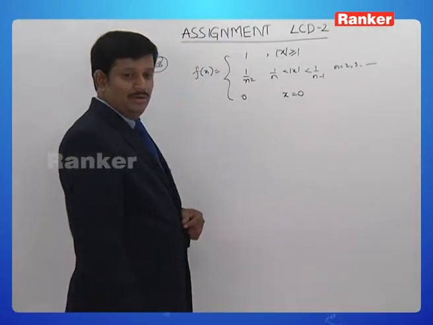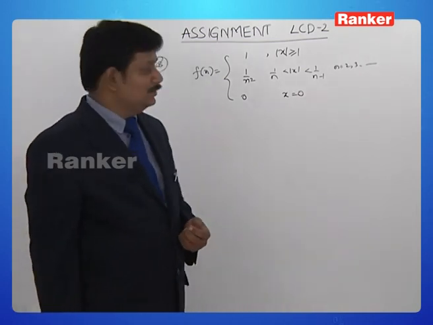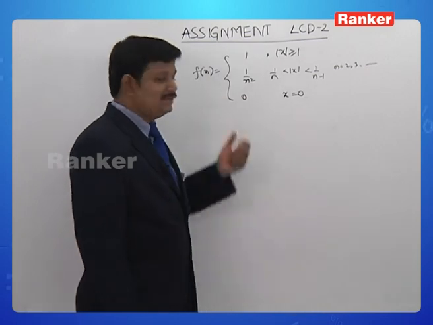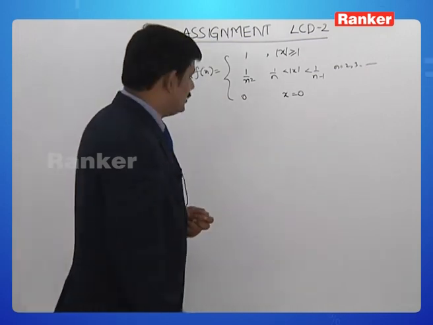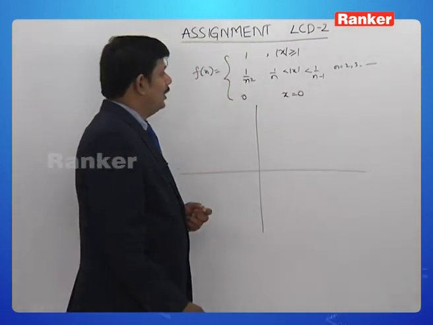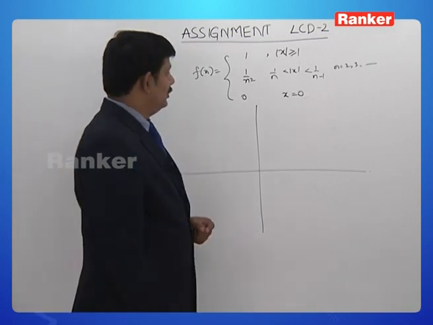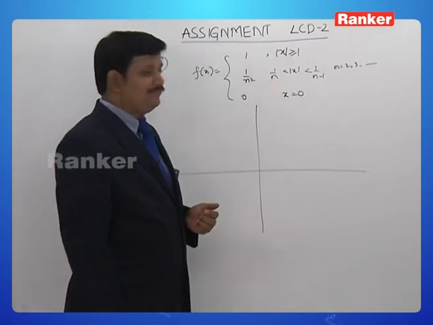Now, we need to talk about continuity of this function. For that, let us understand this function on a graph. Let us plot the graph of this function. The entire discussion is in terms of mod x, so this function is an even function.